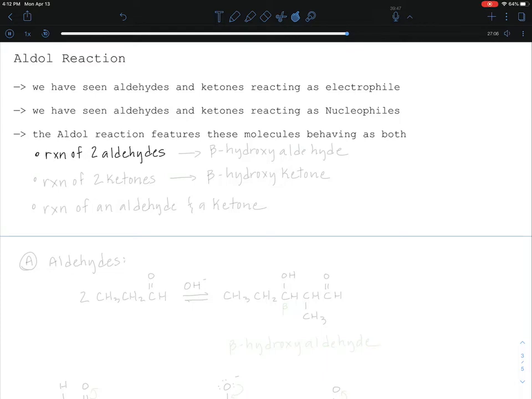So one of those aldehydes will be an electrophile. One of them is going to be turned into a nucleophile, and we're going to do chemistry with both of them. So this is going to produce what's called a beta hydroxy aldehyde. I can react two ketones, and that's going to get us a beta hydroxy ketone.